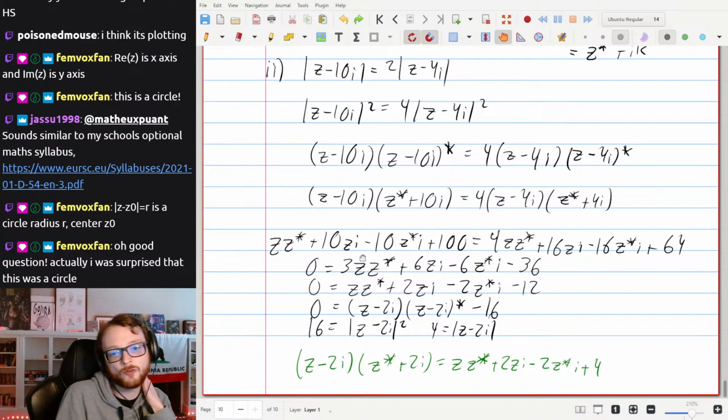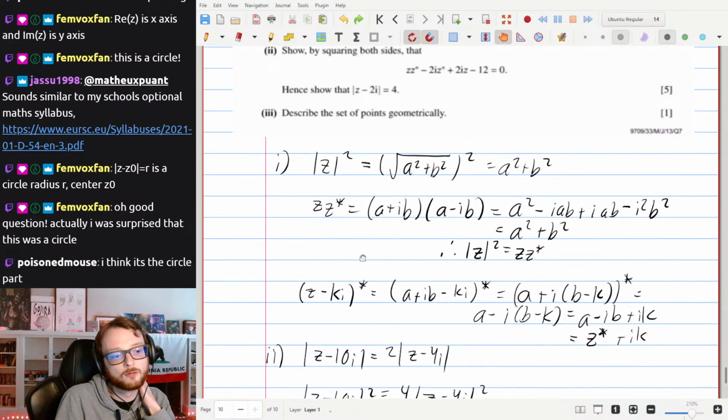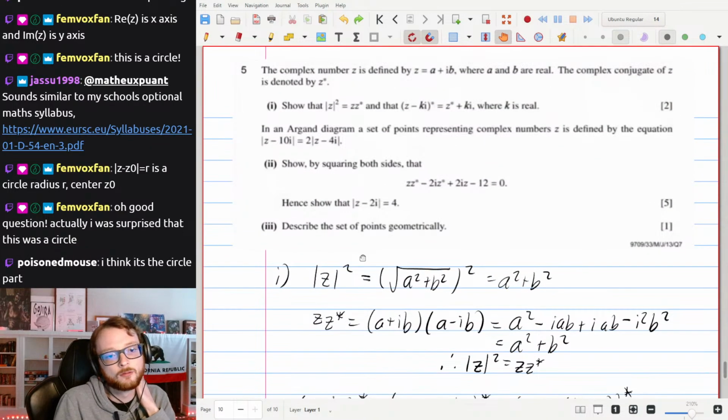But this question seems pretty scaffolded, so this observation should help us somehow. Oh, hmm. I just noticed that that is nearly that.